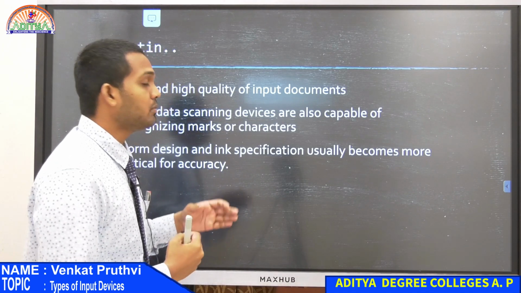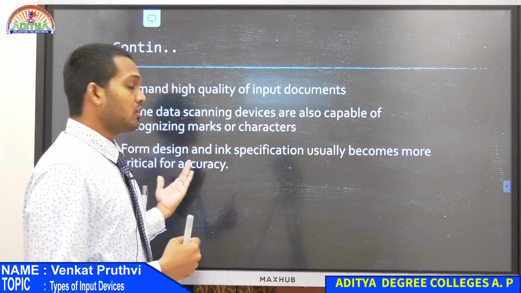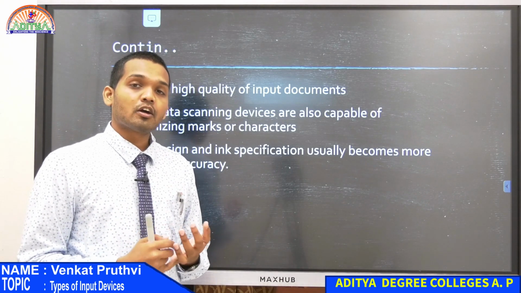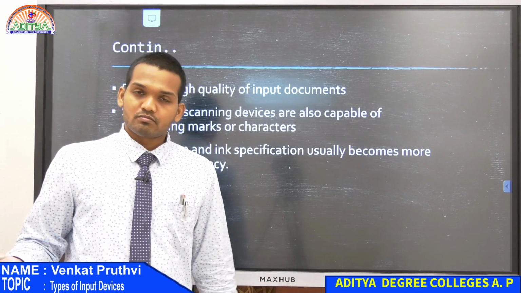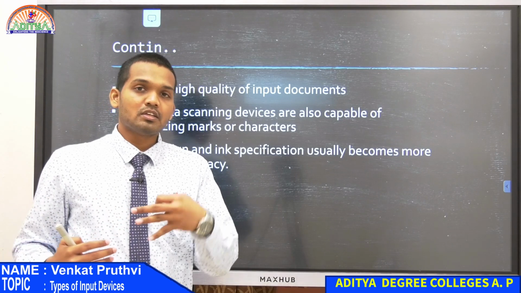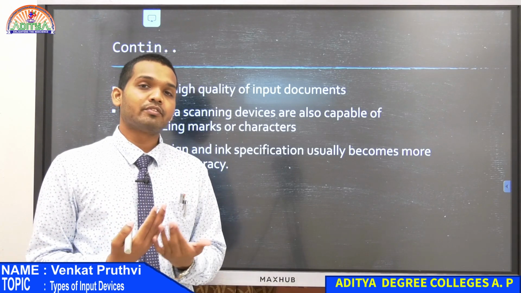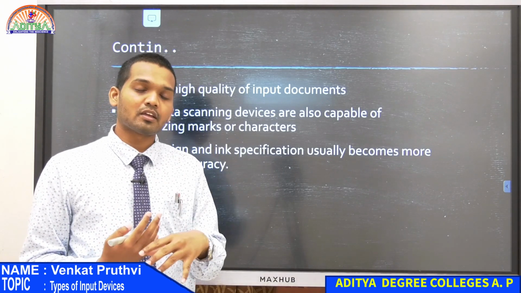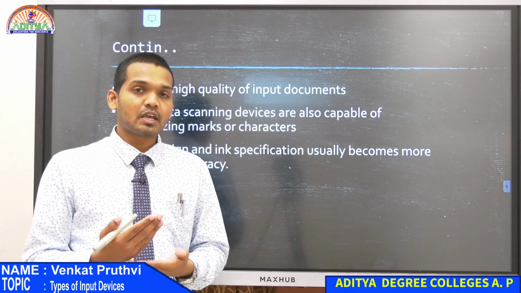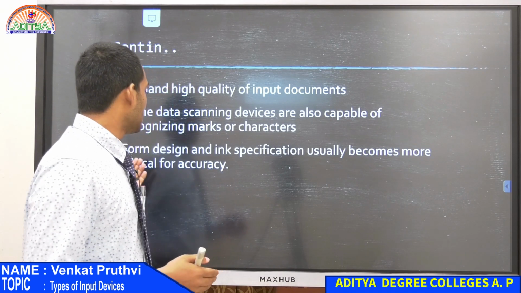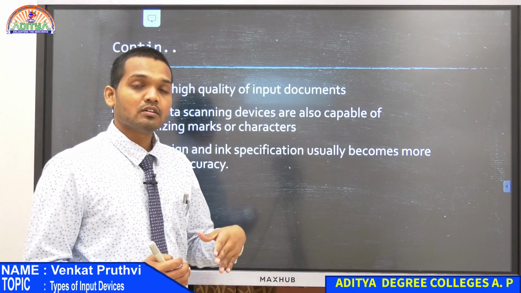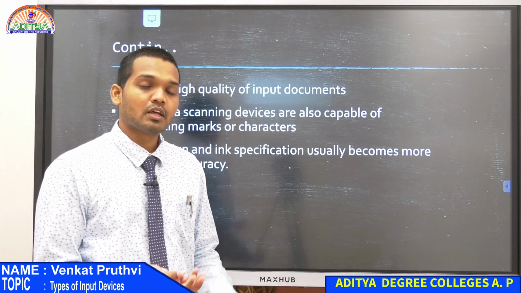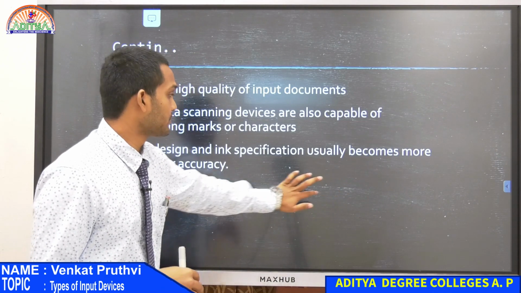Only then it will be able to provide you much better and accurate documents. If the technology or the software that you are using inside that scanning machine isn't that good, if it is not able to provide you better accuracy or better scanning output, then it will become really difficult to get the exact output that is given by the input.